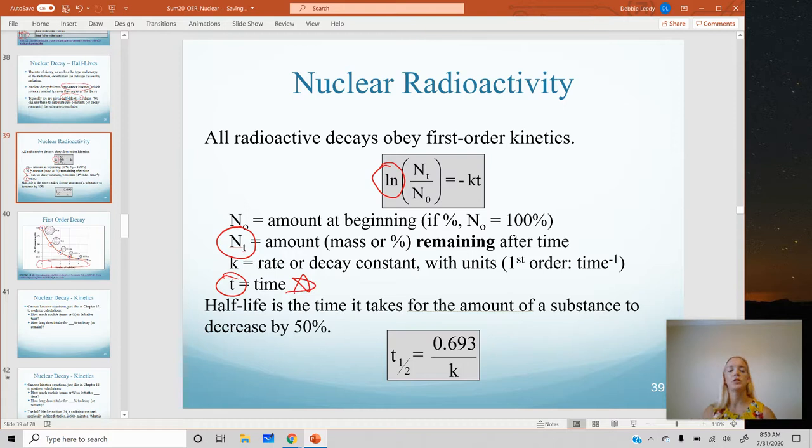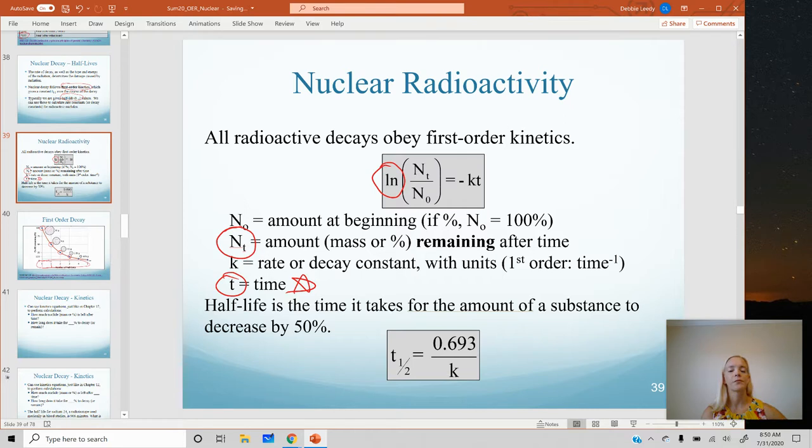This calculation, solving for time, is actually used when scientists are having to figure out how long they have to store radioisotopes in order for it to become a safe level. Generally, they consider about 2% remaining as a safe level.